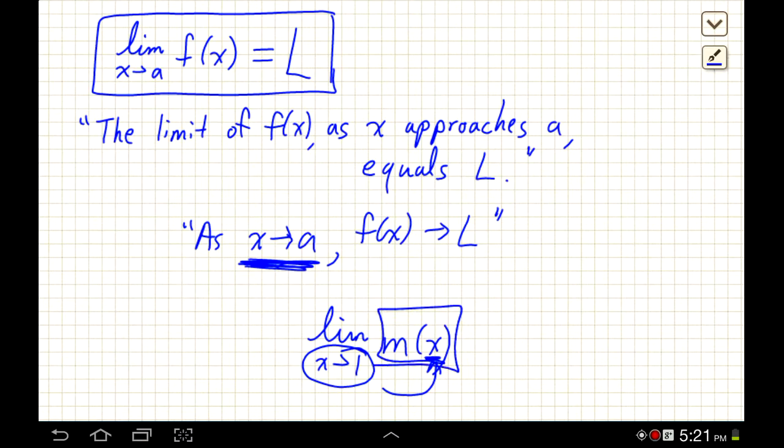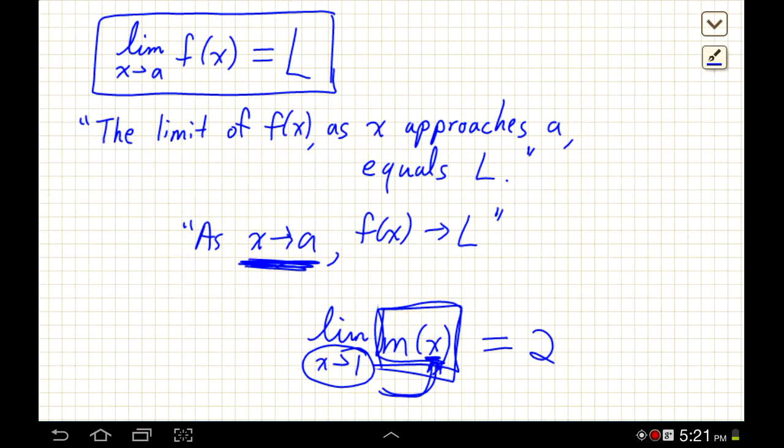Then we do the same thing from the left of 1, starting with 0, then 0.9, then 0.99, and we evaluate those with the same expression m of x. Numerically, you would see that this limit evaluates to the value 2. So that's exactly what it means.